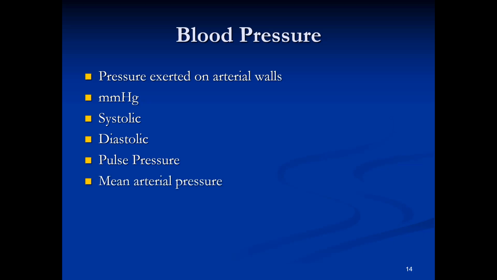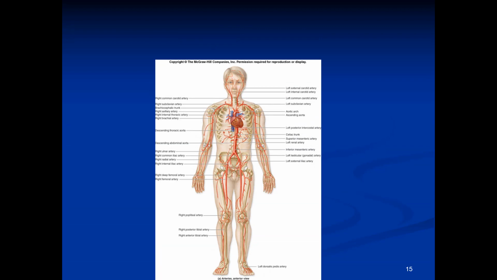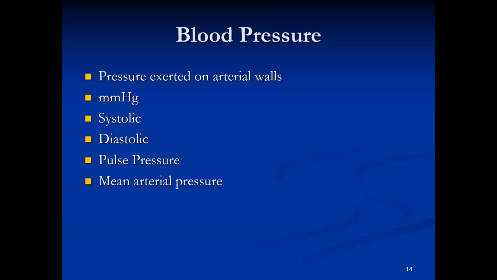And then the mean arterial pressure is just the average pressure between systolic and diastolic. As opposed to what you might think, it's not just a straight average. So if your blood pressure is 120 over 80, systolic over diastolic, your mean arterial pressure is not 100. And the reason is because the heart spends most of its time, at least at rest, in diastole, meaning it's resting most of the time, so you have to weight the average more towards the diastolic pressure.